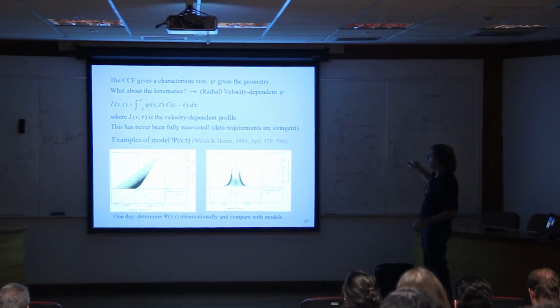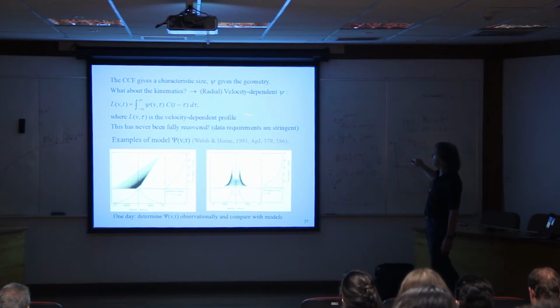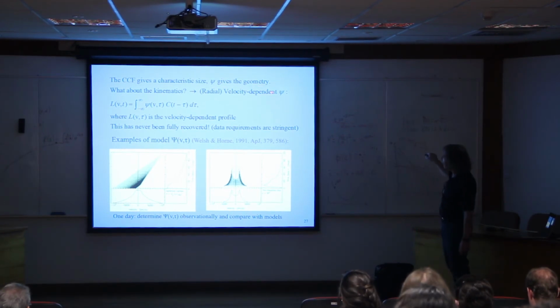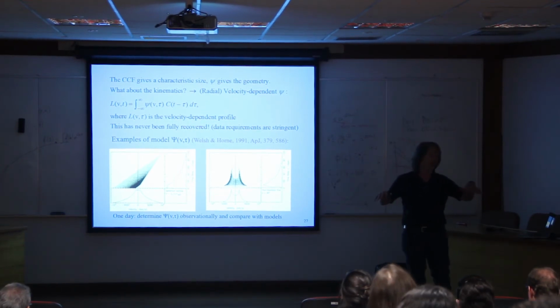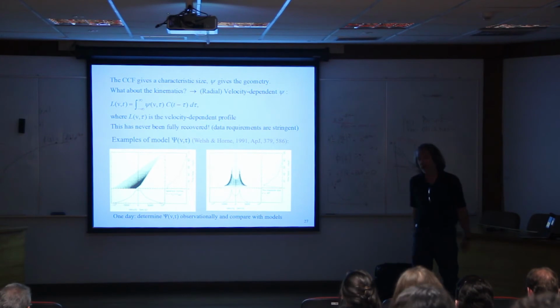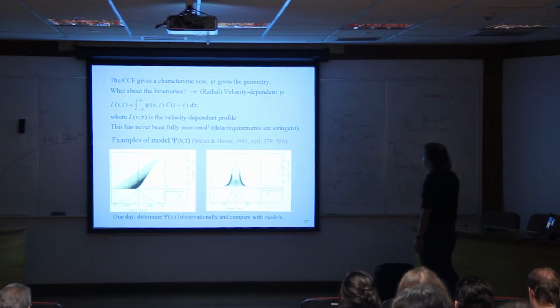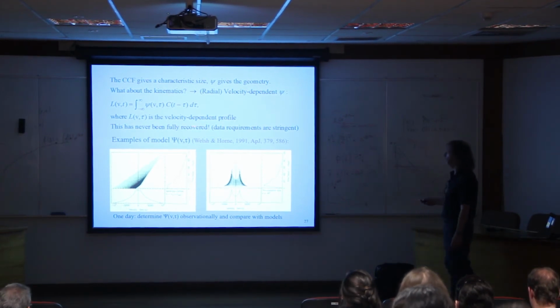This gives you the geometry. If you knew what the geometry was beforehand, you could relate this whole thing together. Now you worry about the kinematics, but the velocity, you get the velocity-dependent transfer function. And this is what I was talking about. Different parts, different velocities respond differently because the gas velocity is dependent on its distance. And so then you get a velocity-dependent profile, and this has never been done to date.